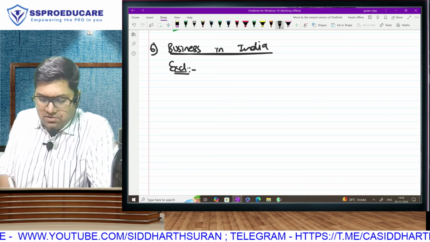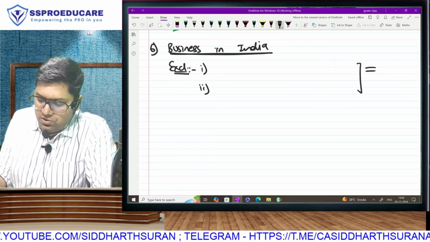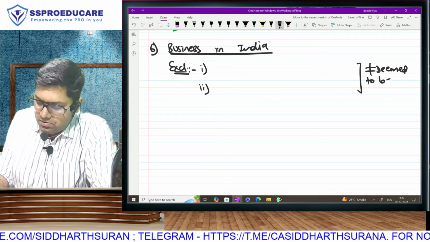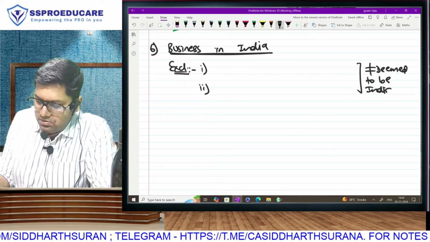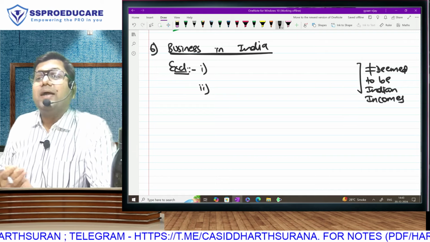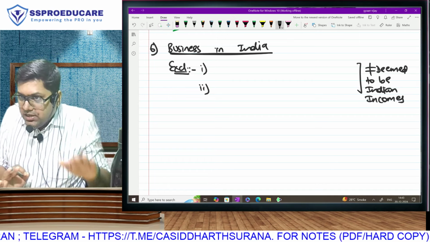Two exceptions. Matlab, these two situations will not be deemed to be Indian incomes. These two activities won't be considered as Indian income. If your business is in India, it is Indian income.